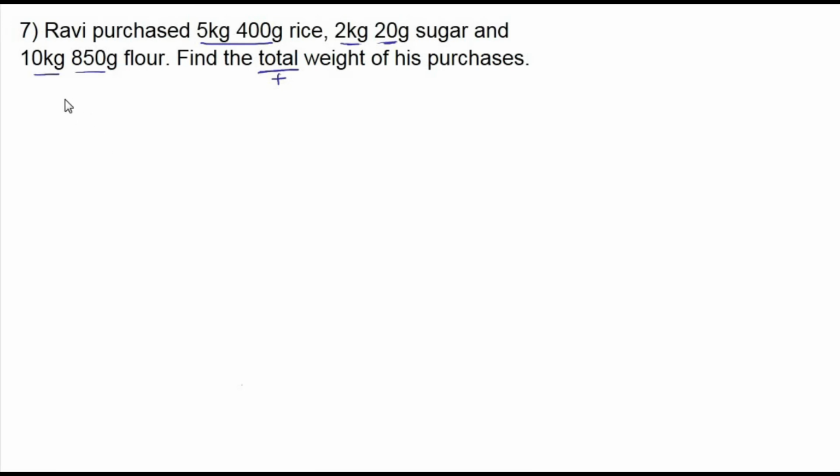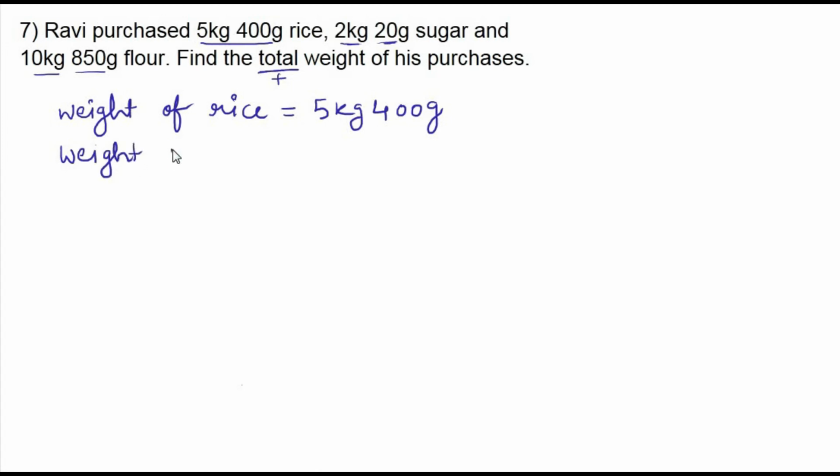So let's write down the statement for this question. First is weight of rice equal to 5 kg 400 gram. Then weight of sugar which is 2 kg 20 gram.